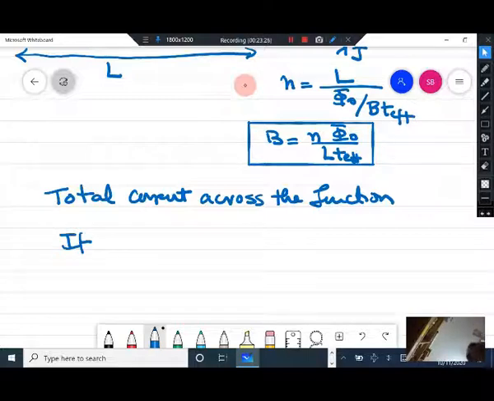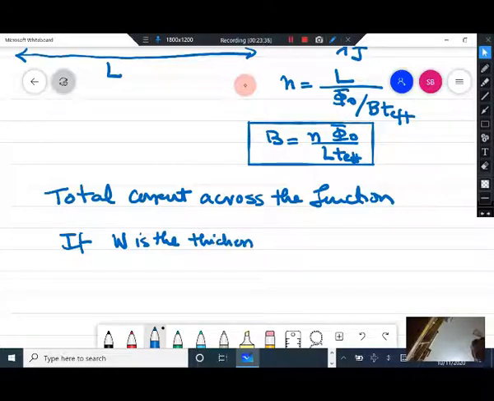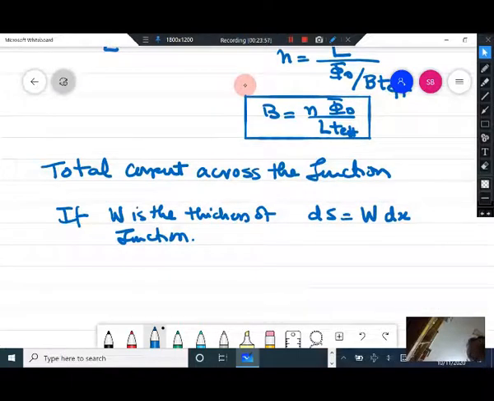If W is the thickness of the junction, ds is equal to W into dx. Okay, so let me quickly draw this in case you didn't follow this.